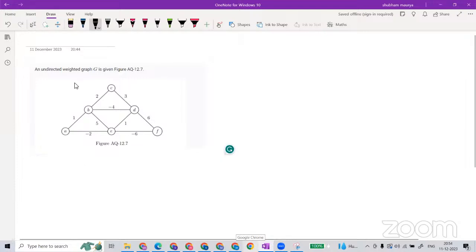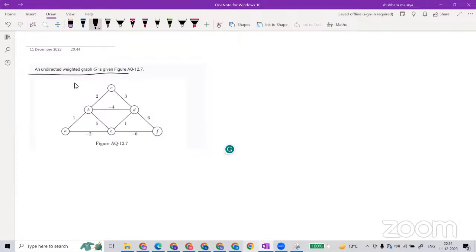So first thing is Prim's algorithm. Suppose we have a graph and this is a weighted graph. The weight could be positive, negative, anything. And the first thing is, what is a tree?